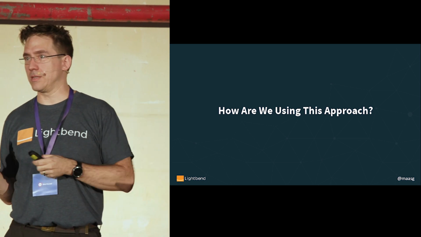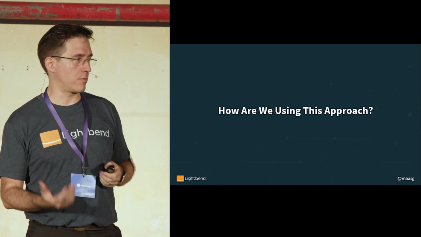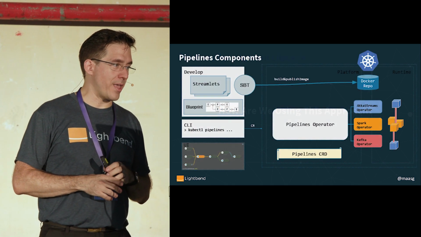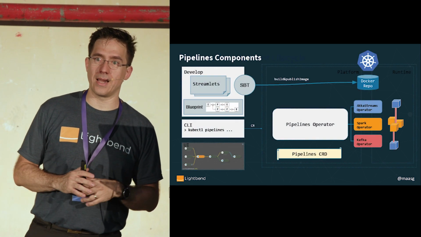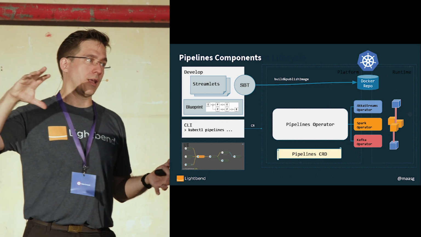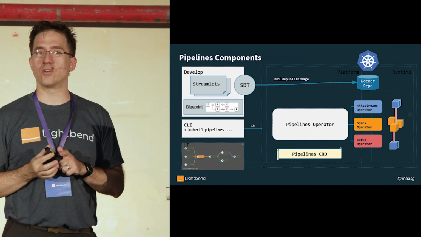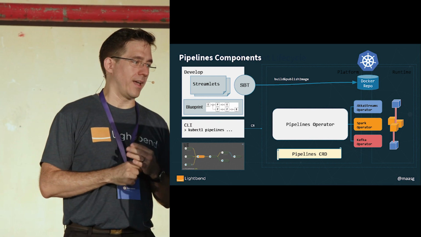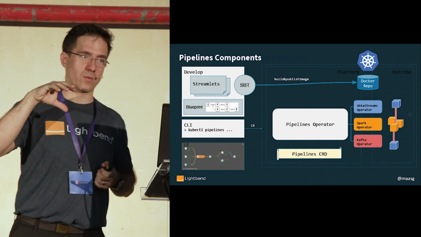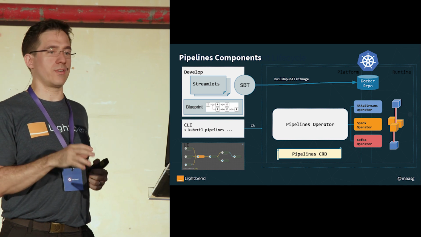How are we using this, let's say, in real life? We have developed a system that actually harnesses together your development environment using SBT, the not really simple build tool, with some additional components.